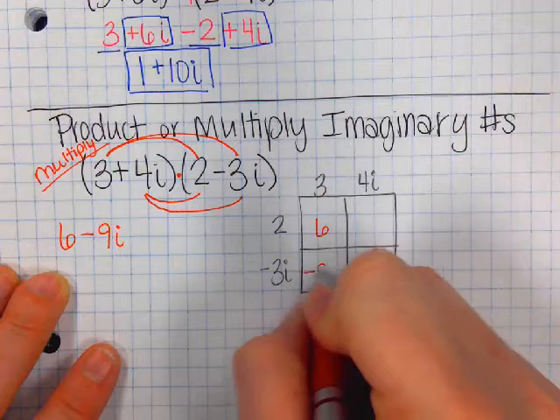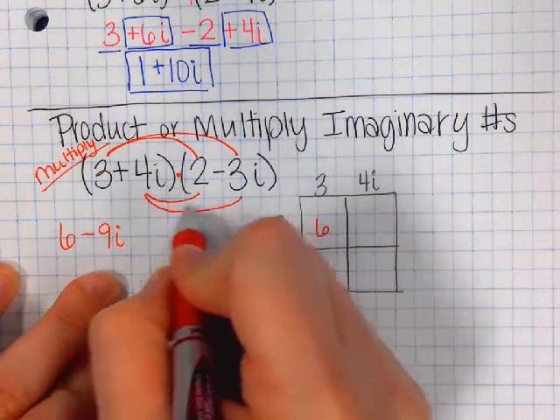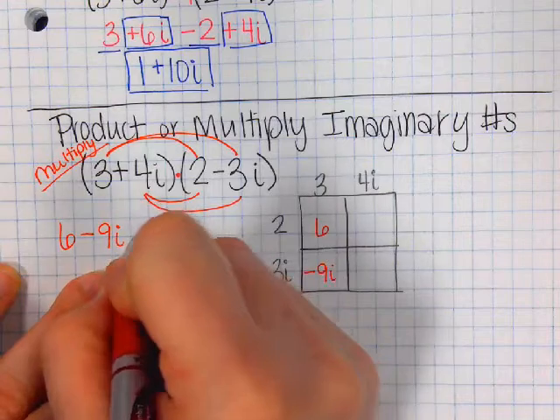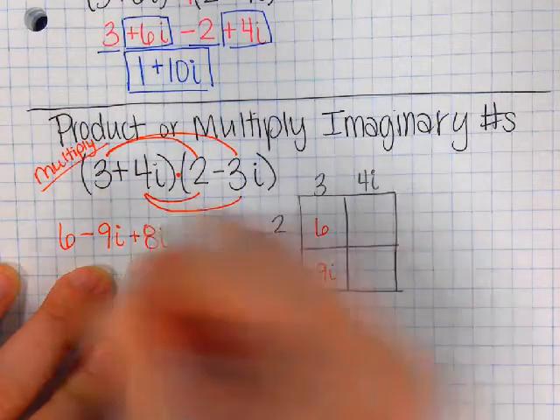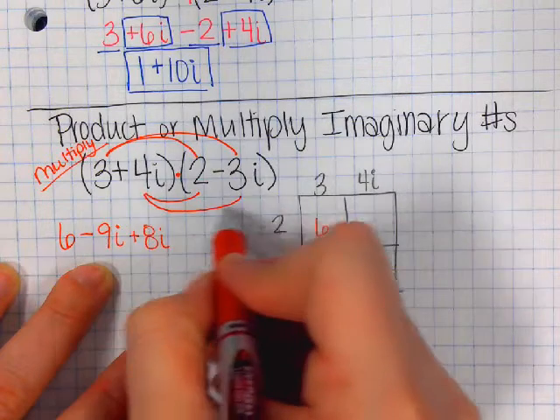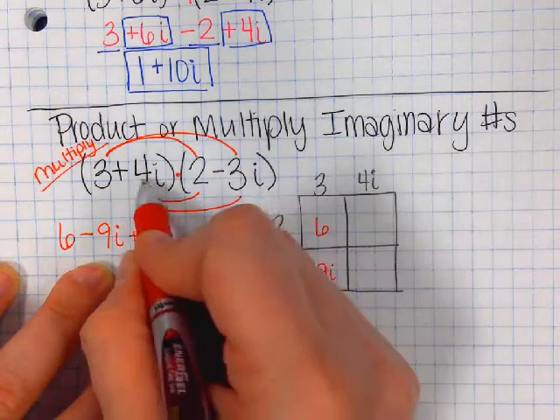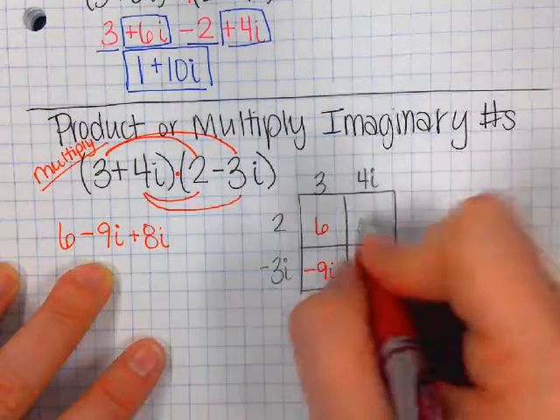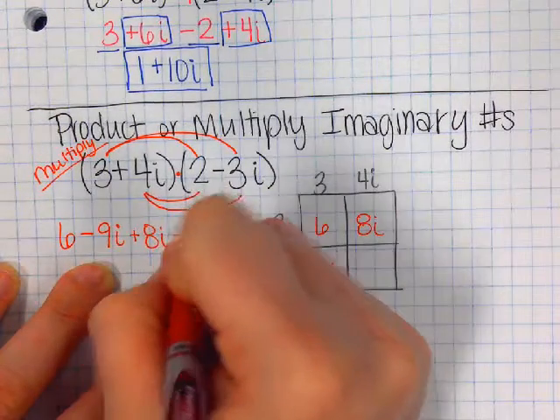Positive times a negative is a negative, so it'd be negative 9i. 4i times 2. 4 times 2 is 8. And it's a positive 4, so it would be 8i. And then 4i times negative 3i.